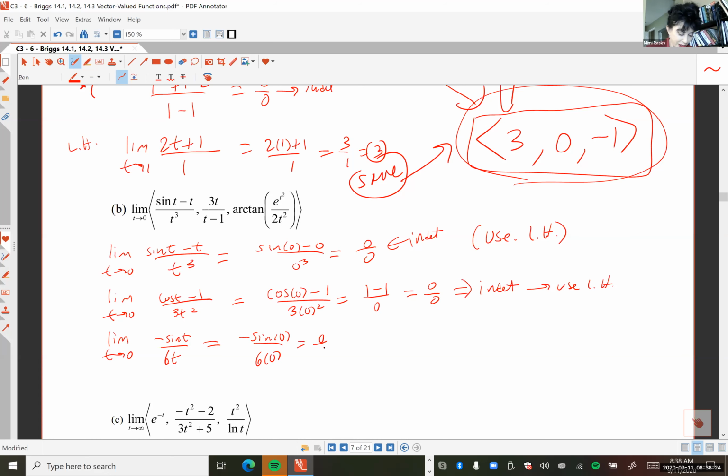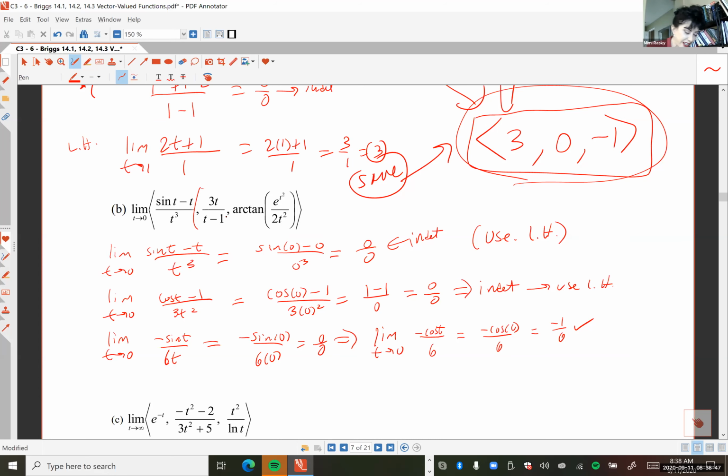Oh no, I get 0 over 0 again. Oh my goodness. Yeah, use L'Hopital's again. It turns out this will be the last time, thankfully. We finally see a light at the end of the tunnel. When we use direct substitution now, we get negative cos of 0 over 6, which is negative 1/6. So the limit for the first component exists, and it's negative 1/6.